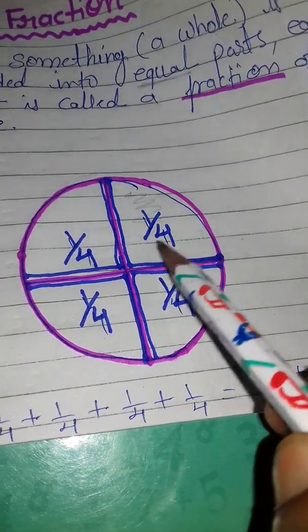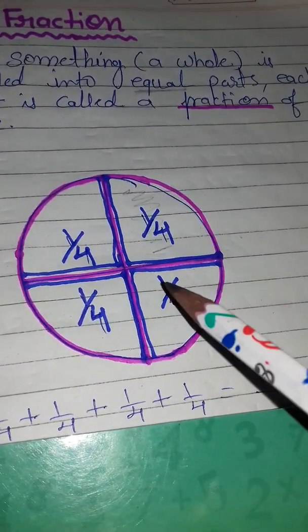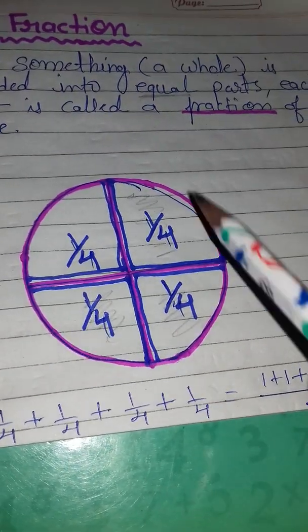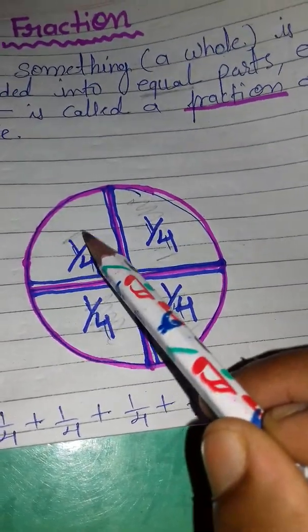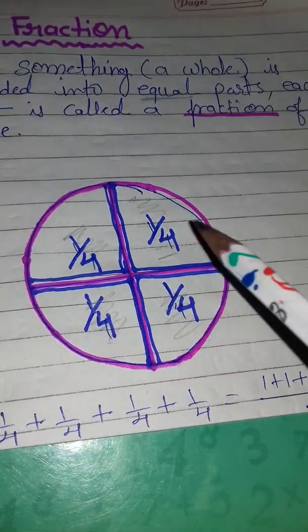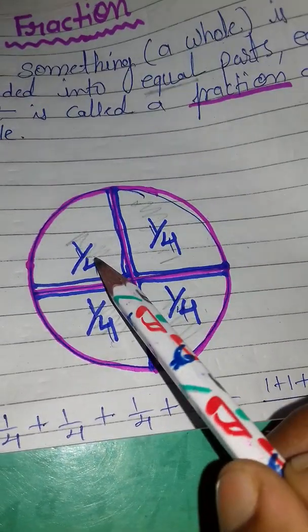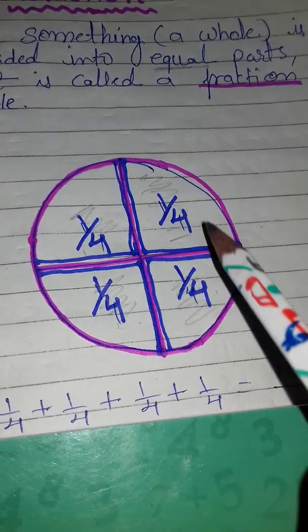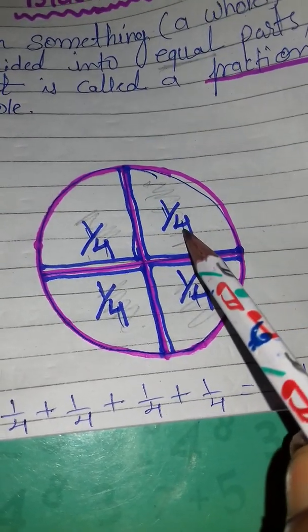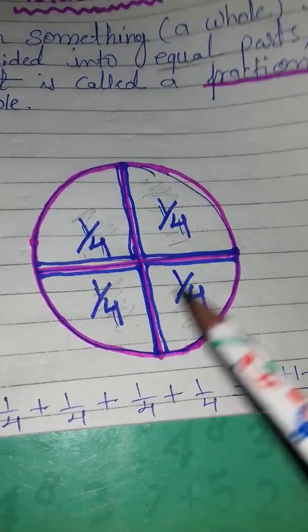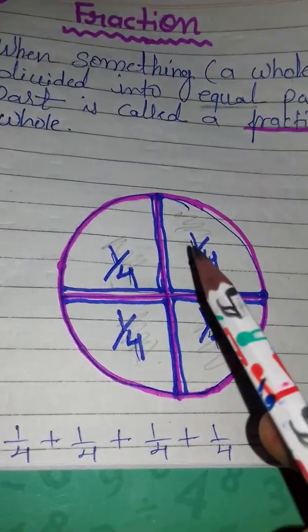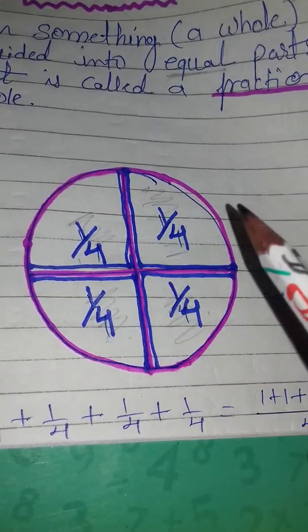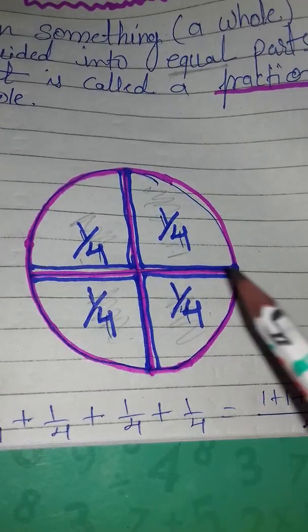This is also a part of the whole, this is also a part of the whole, and this is also a part of the whole. All these 4 are parts of the whole, and in maths these parts are called fractions of the whole.